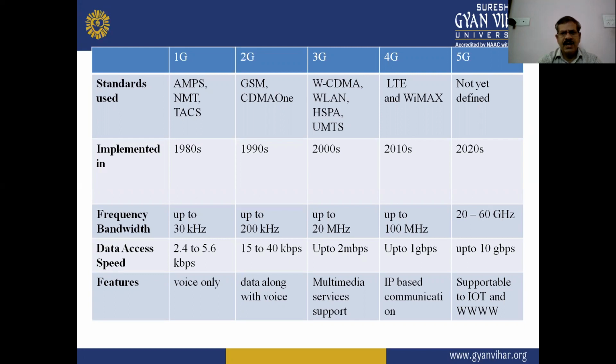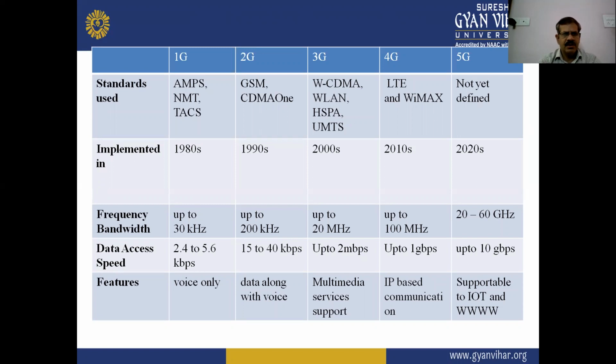In 4G, LTE and WiMAX. And 5G, not yet defined. Implemented: 1G in 1980, 2G in 1990, 3G in 2000, 4G in 2010, and 5G in 2020.